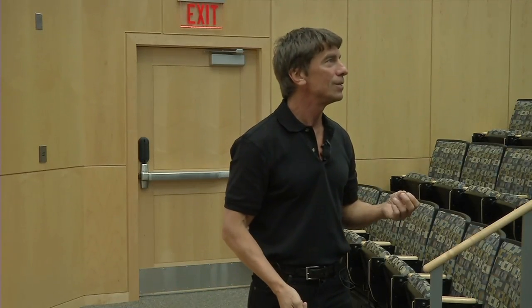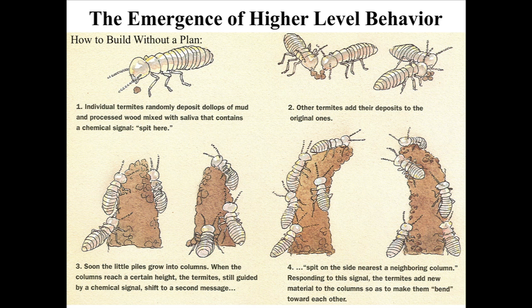Emergent patterns. One said, spit here. There's a chemical signal. Other termites start spitting in other places and add deposits to the original one. This guy sends a chemical signal that says, I'm going to drop my blob of mud there. And sooner or later, another chemical signal is emitted from the termite that says, spit on the side nearest to the neighboring column.